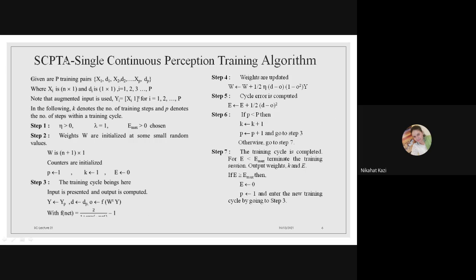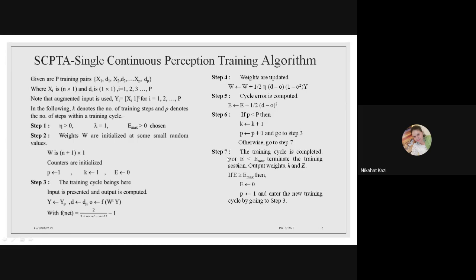But this algorithm is for a single continuous perceptron training. This algorithm is going to be extended for a multi-layered network, and we will see step by step how this is extended. From a single continuous perceptron, you will have a layered perceptron, so multiple perceptrons in the final layer. And from that, you will have a multi-layered perceptron.